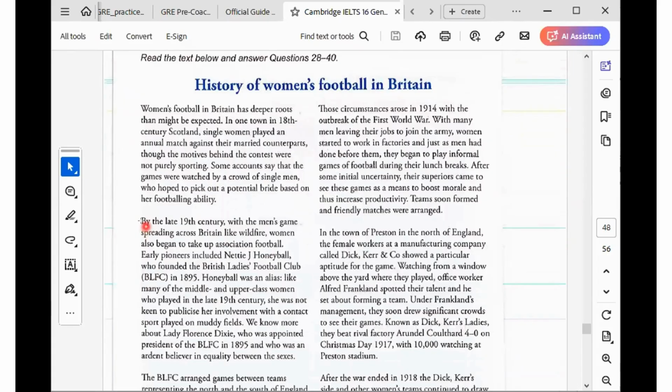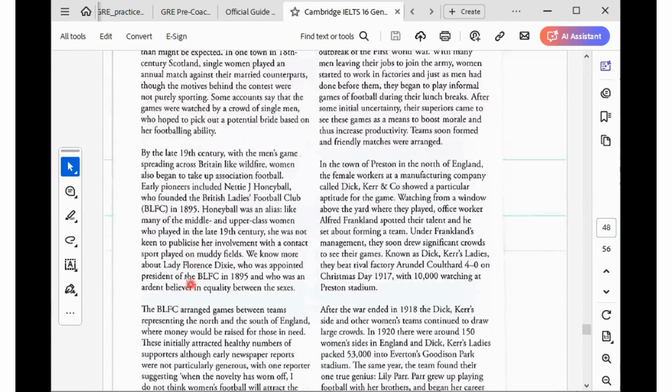So let's read it. By the late 19th century, with the men's game spreading across Britain like wildfire, women also began to take up association football. Early pioneers included Nettie J. Honeyball, who founded the British Ladies Football Club in 1895.